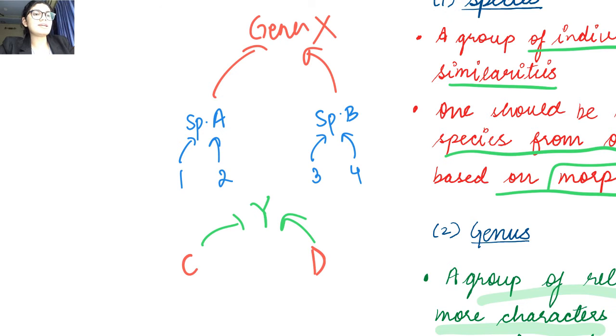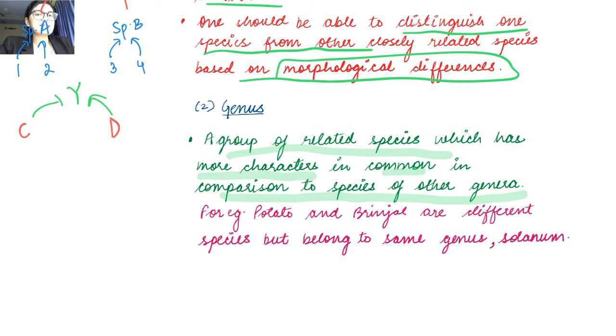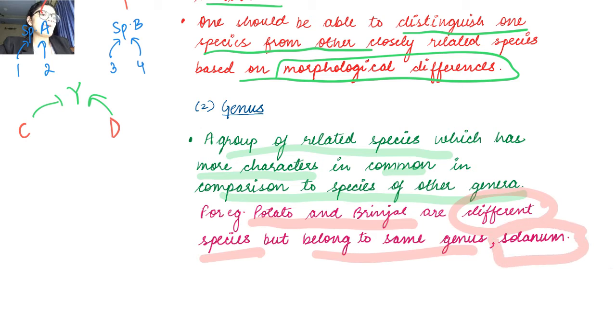So they come under genus Y. ये समझा? Alright. So for example, potato and brinjal. ठीक है? Potato and brinjal are different species but belong to the same genus called Solanum.